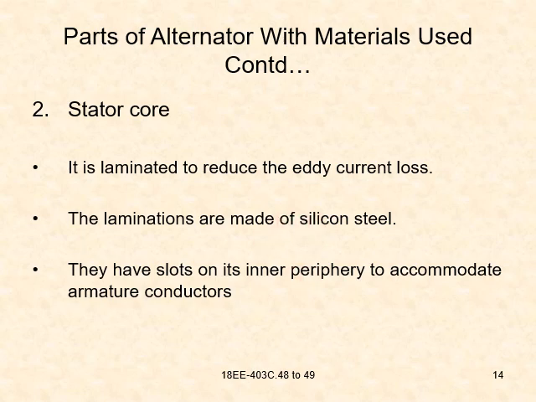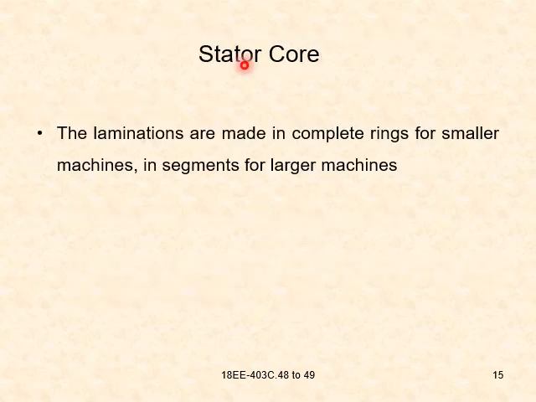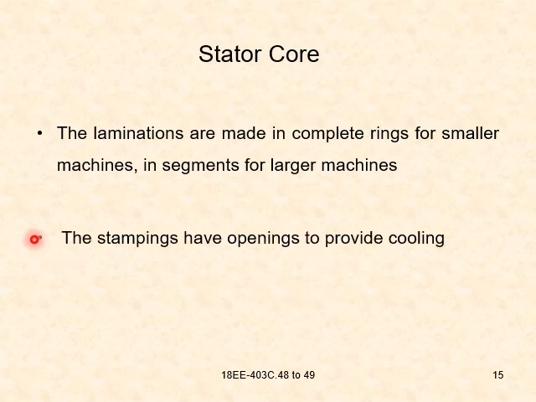Moving on to the next slide. Now regarding stator core, the laminations are made in complete rings for smaller machines, and in segments for larger machines. Stampings have openings to provide cooling.